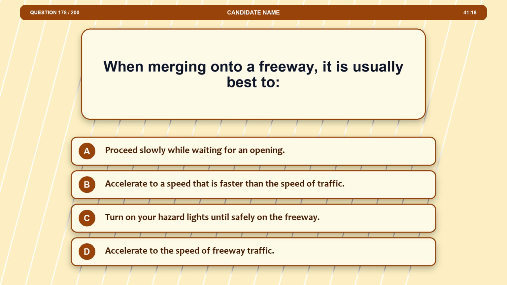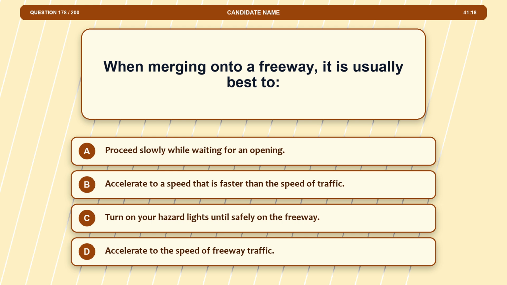Question 178. When merging onto a freeway, it is usually best to Option A, proceed slowly while waiting for an opening. Option B, accelerate to a speed that is faster than the speed of traffic. Option C, turn on your hazard lights until safely on the freeway.